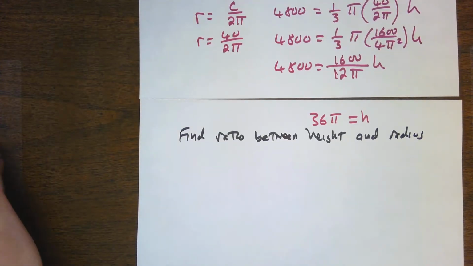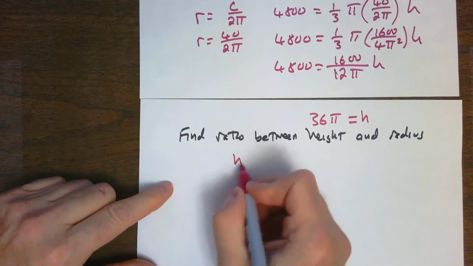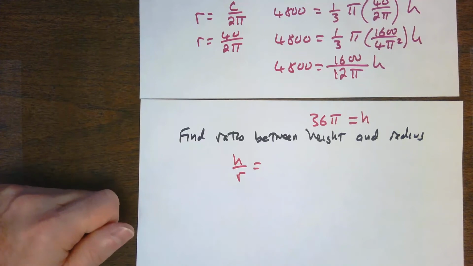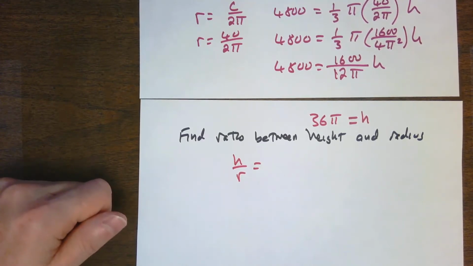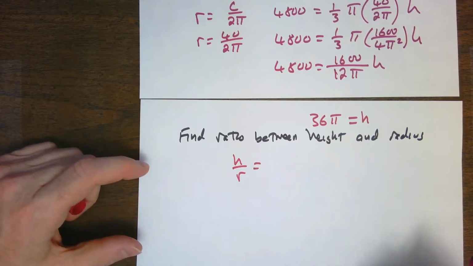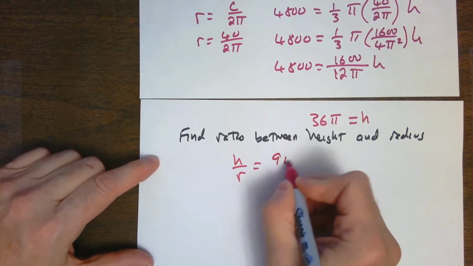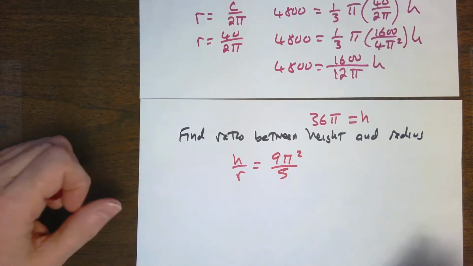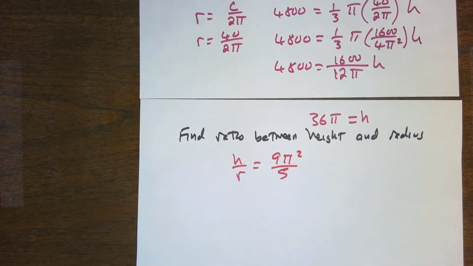All right, so height over radius is going to be, let's see, what was it again? The height, 36 pi over the radius of 40, and I think it's going to simplify to 9 pi squared over 5.